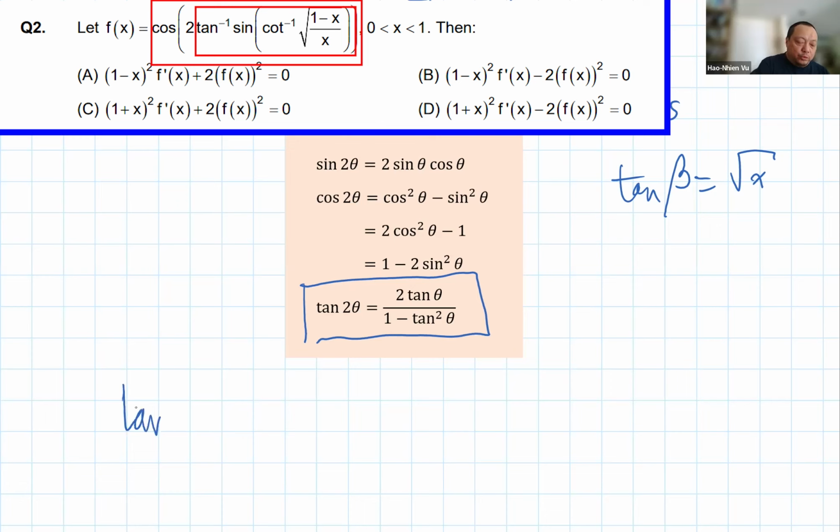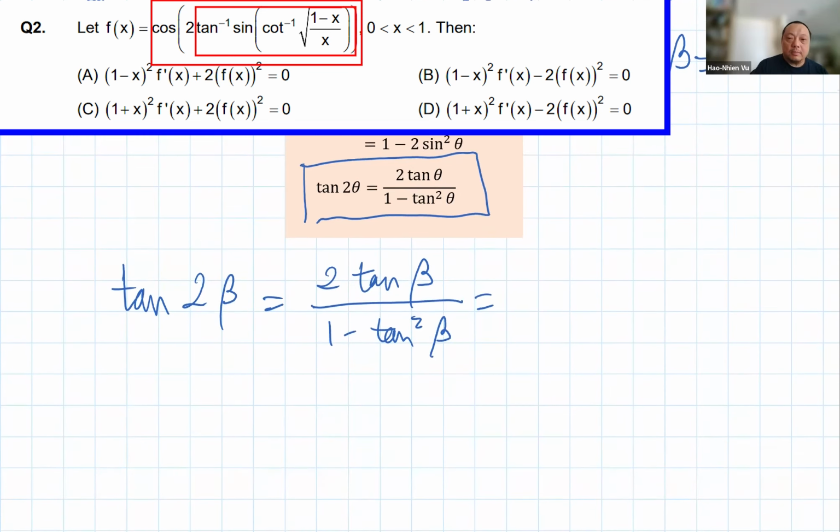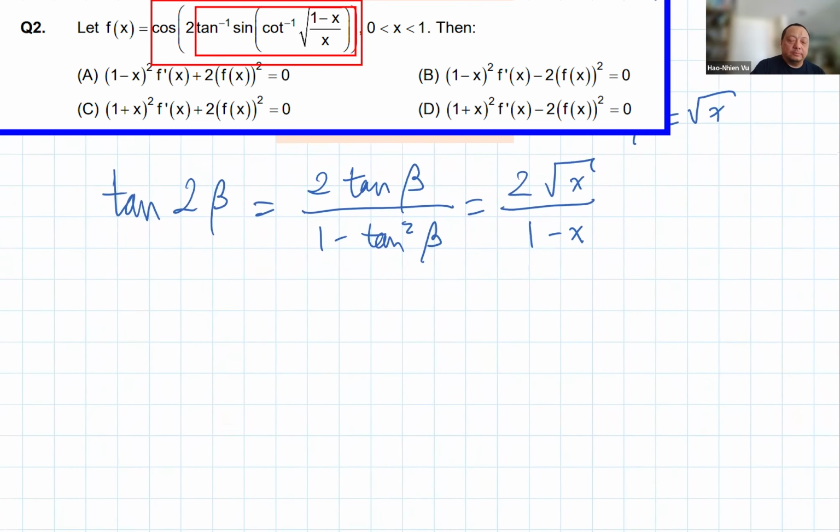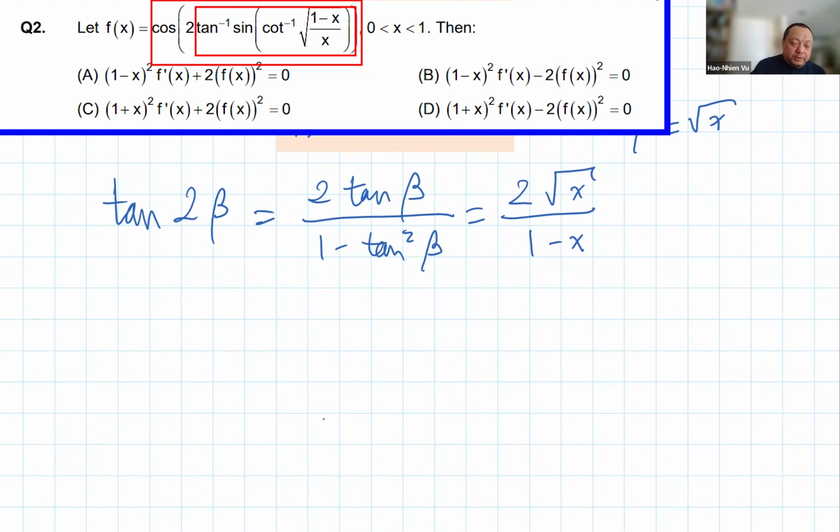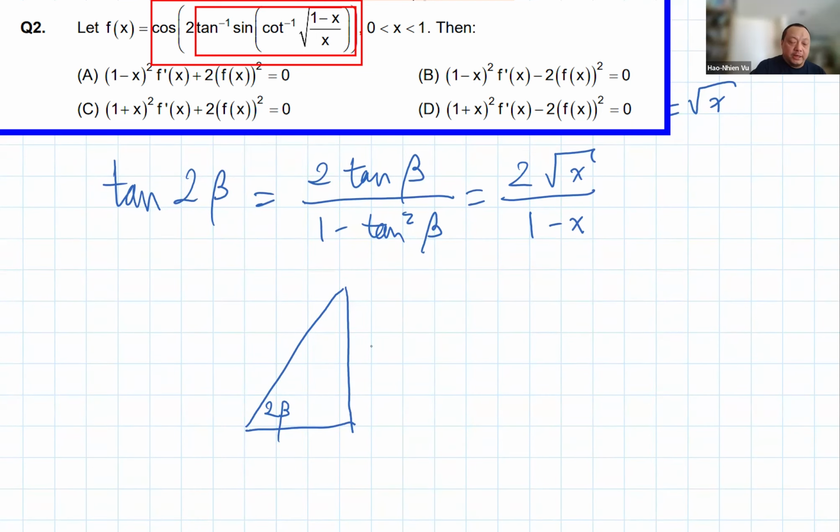So tangent of 2 beta is equal to all of this. And since I know that tangent of beta is equal to square root of x from the previous step, I have all of this. That means that if I create a triangle again with the 2 beta angle in the corner, then I have 2 square root of x on the opposite and 1 minus x on the adjacent.